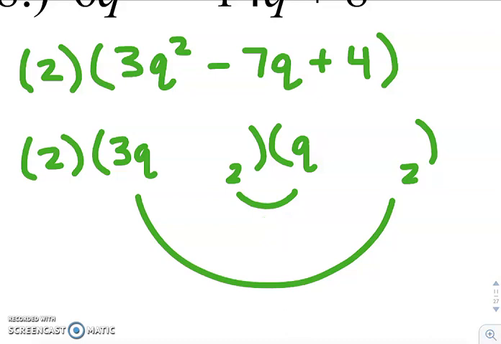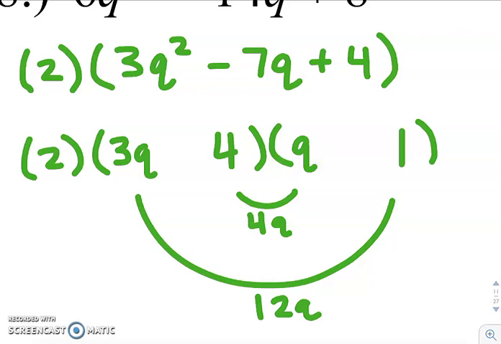So it must need to be 4 and 1. So what if I do 1 and 4? Does that work? 3 times 4 is 12. That doesn't work. So it must be the opposite way here. 4 and 1. So that will give us 4. 3 times 1 gives us 3. Does that get us to 7? Yes. They both need to be negative.